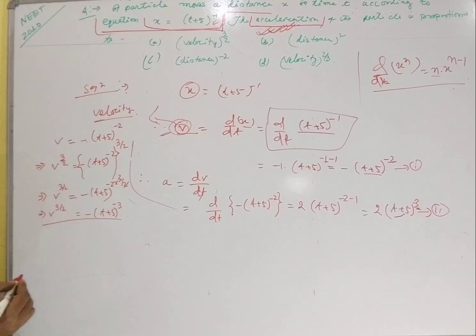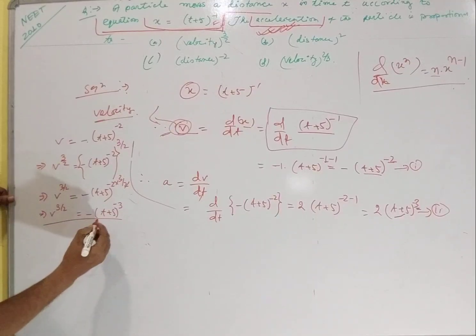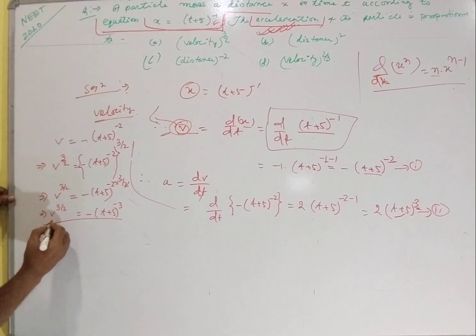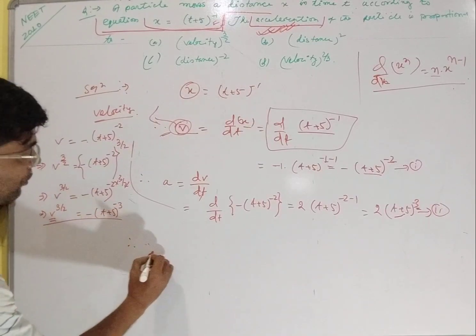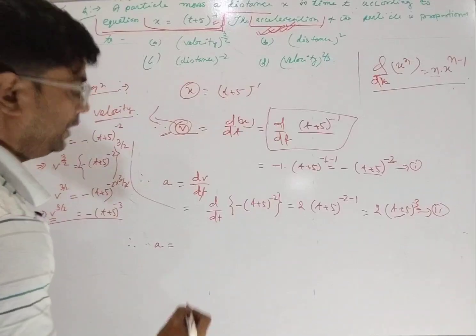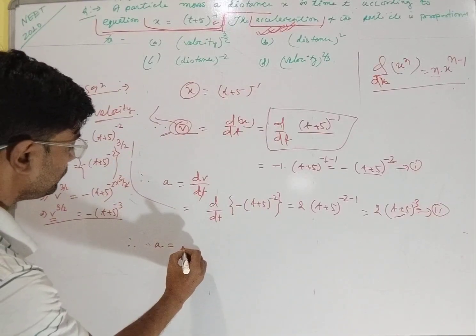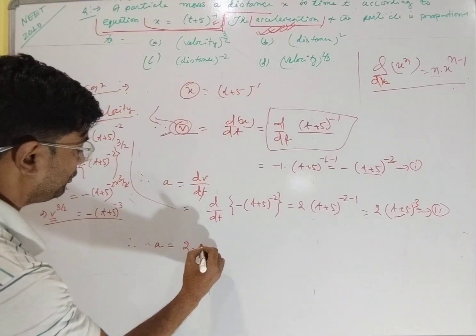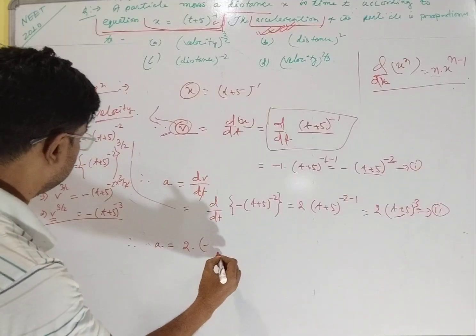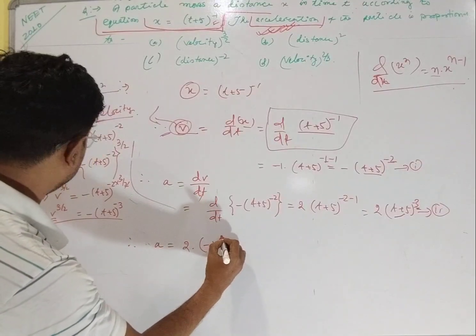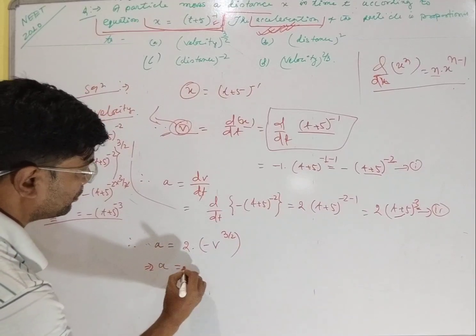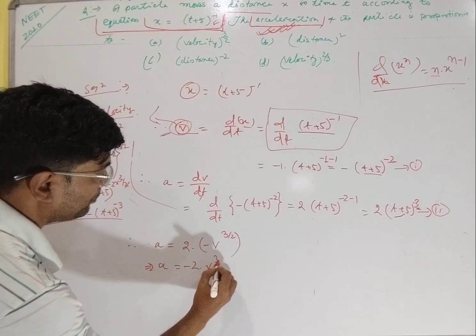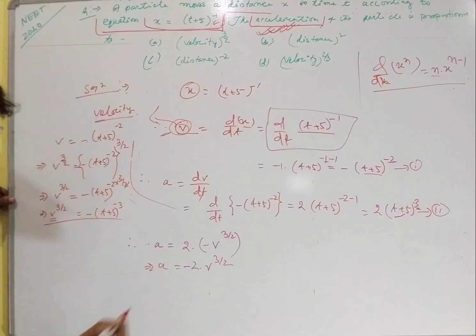Now I can substitute the value of minus (t + 5) to the power minus 3 as v to the power 3 by 2. Therefore a is equal to 2 into minus v to the power 3 by 2, so a is equal to minus 2 into v to the power 3 by 2.